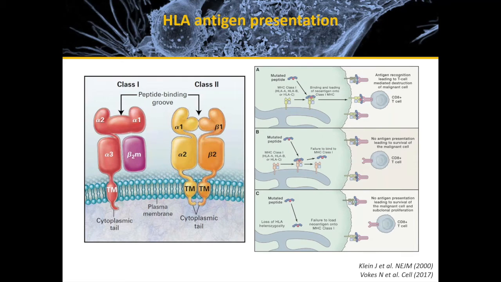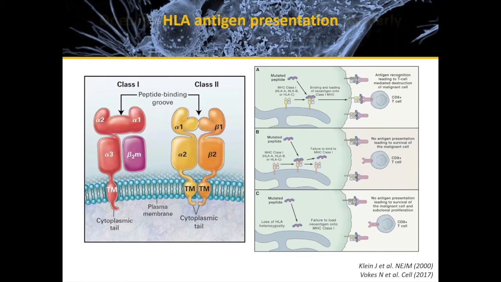In solid tumors, it has been shown that the frequency of loss of heterozygosity correlates with both an increase in neoantigens predicted to bind to the lost HLA alleles and with an increase in the overall number of subclonal mutations in patients with adenocarcinoma. And the authors of this paper proposed that the observed increase in neoantigen load is due to compromised MHC class I antigen presentation resulting from HLA loss of heterozygosity.